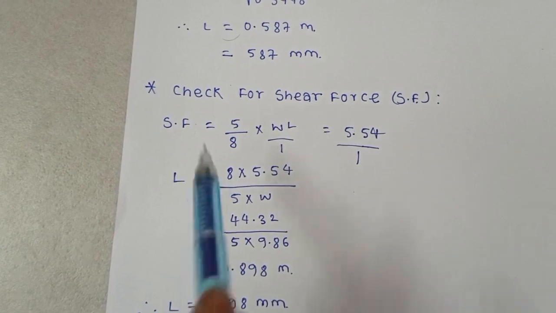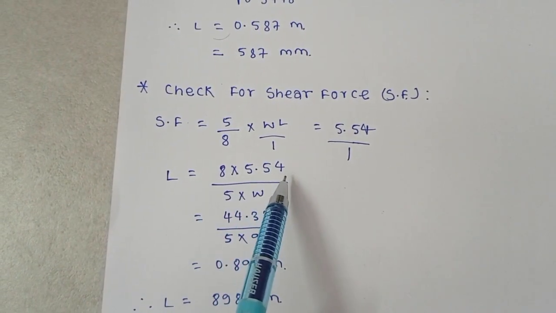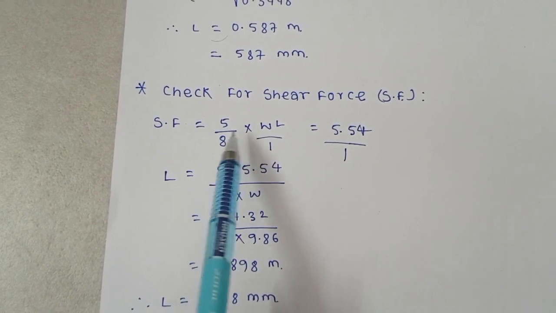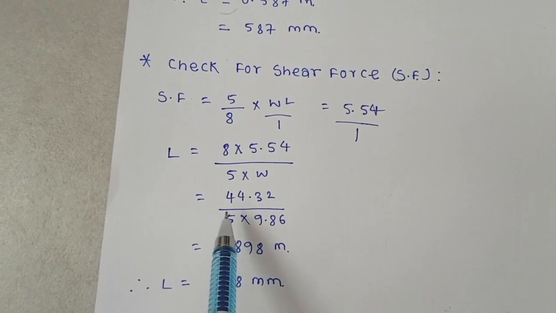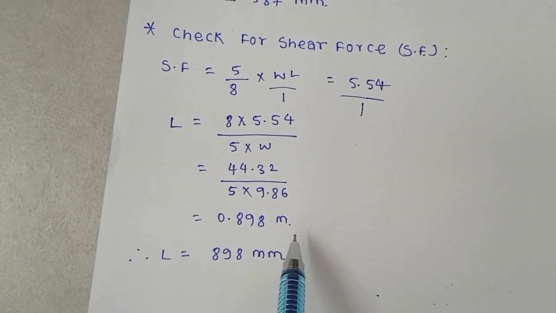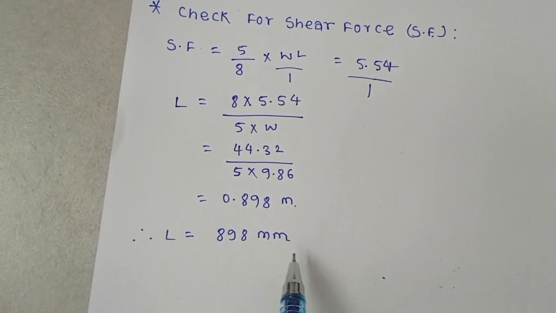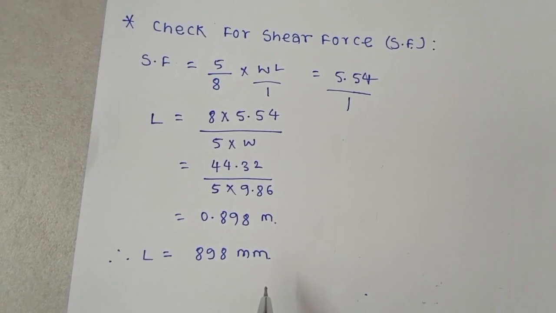This will go that side and this will go that side. So 8 into 5.54 divided by 5 into W equal to L. We just multiplied and divided. Now we have got 0.898 meter, converted into millimeter, so length is equal to 898 millimeter.